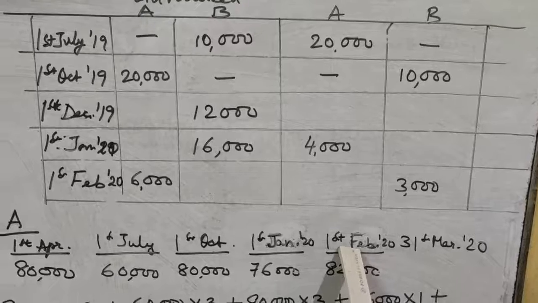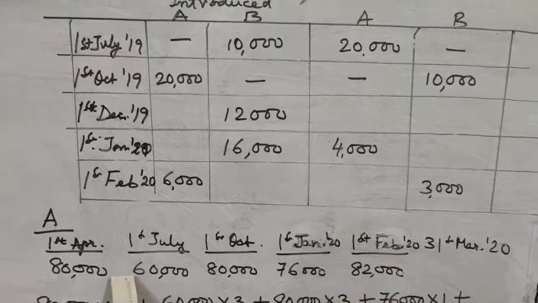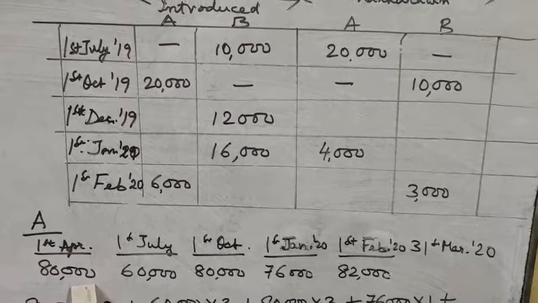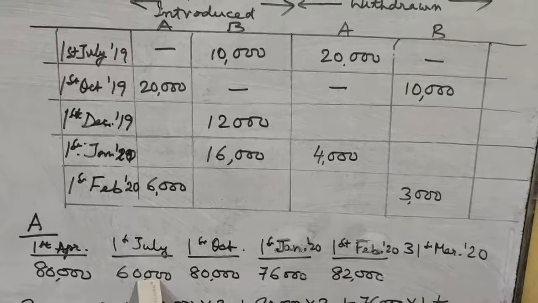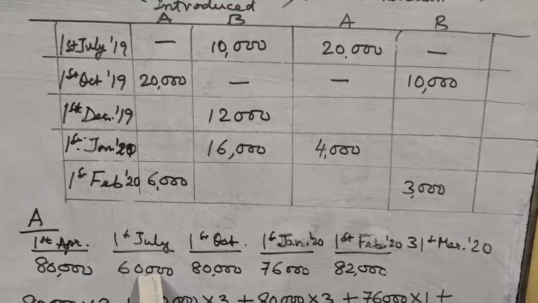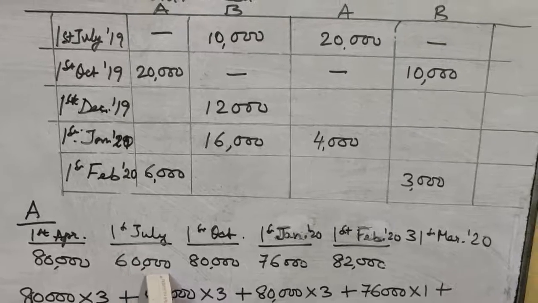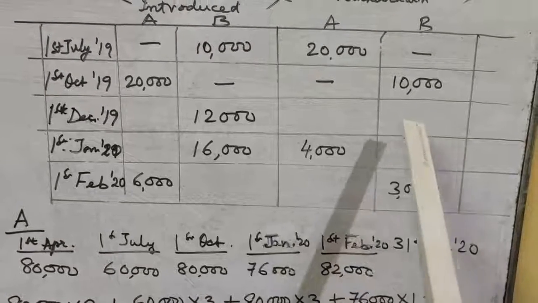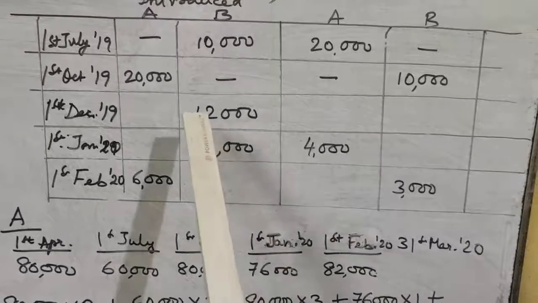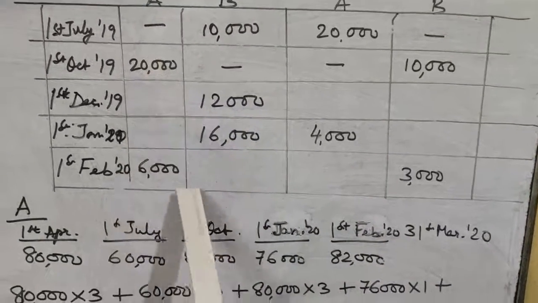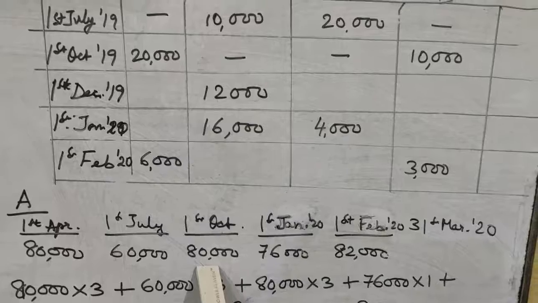This is for A. So A starts the business with 80,000 on 1st of April. Then on 1st of July he takes out 20,000, so his capital becomes 60,000. On 1st October he brings another 20,000. Here you can see, his capital becomes 80,000.